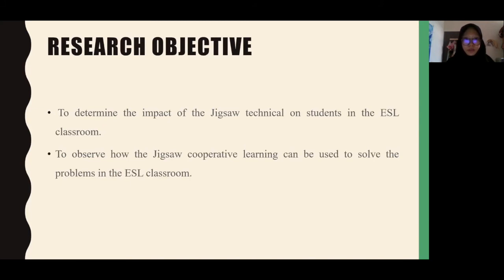For the research objectives, there are two main objectives for this action research. The first one is to determine the impact of the jigsaw technique on students in the ELSA classroom. And the second is to observe how jigsaw cooperative learning can be used to solve the problem in the ELSA classroom.